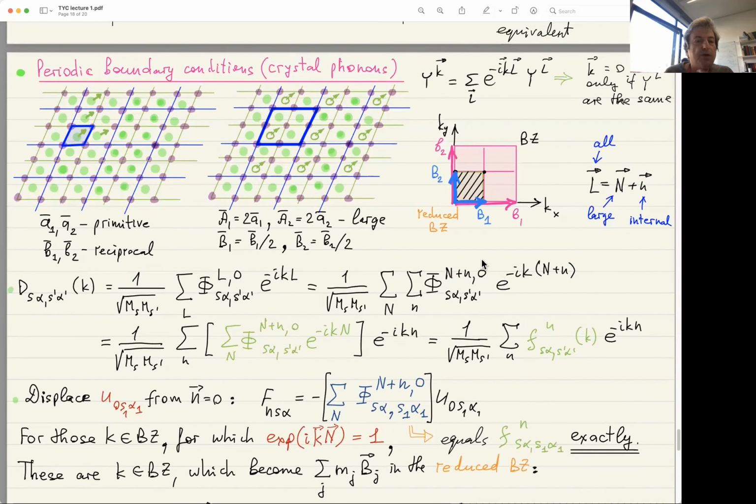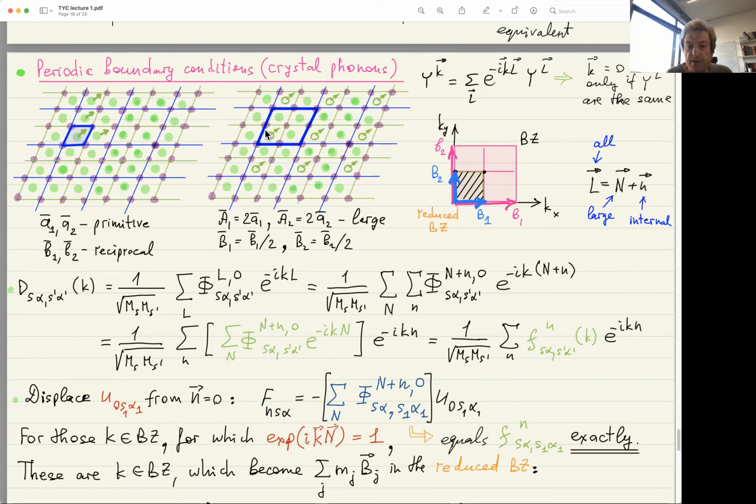Now, this is my lattice in which I used a primitive unit cell. This is my lattice in which I used an extended unit cell. And any translation in my original lattice can be written as a translation N, capital, of this big unit cell plus little n internal translations within it.